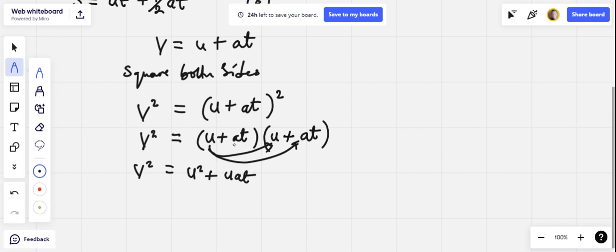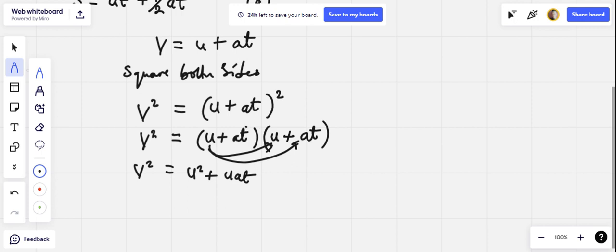How to do this kind of multiplication is that each term in the first bracket will multiply with all the terms in the second bracket. So this U here has multiplied with the first term, which is U, and gives us U squared. Multiplied with the second, it gives us UAT. Now move to the second term in the first bracket.